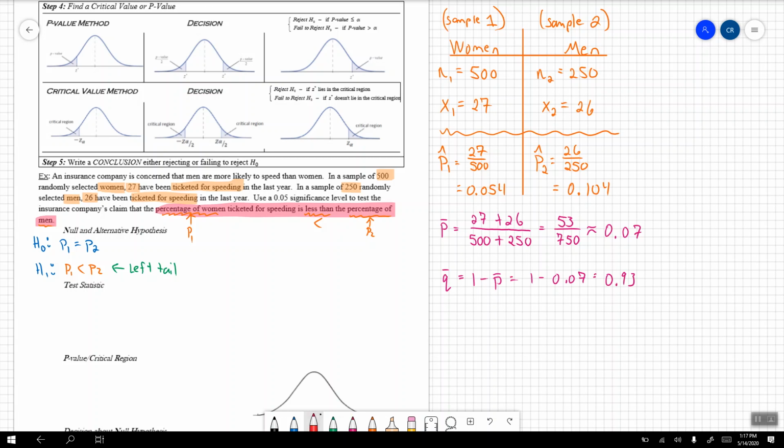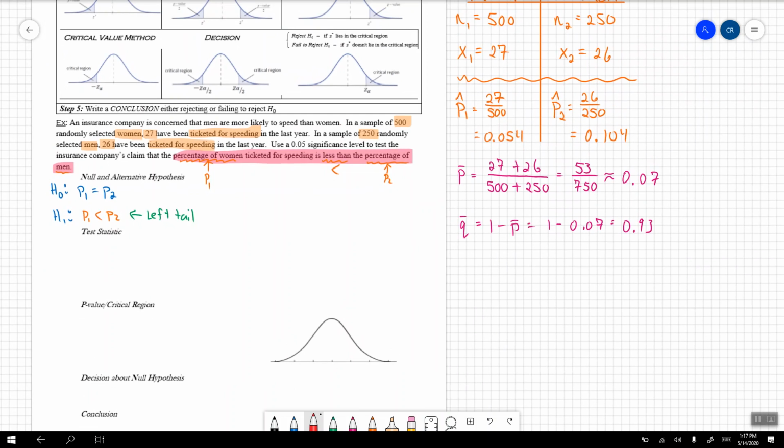Now, we need that test statistic. In order to extract this test statistic, we need that formula.